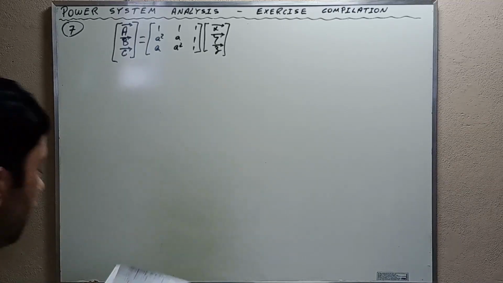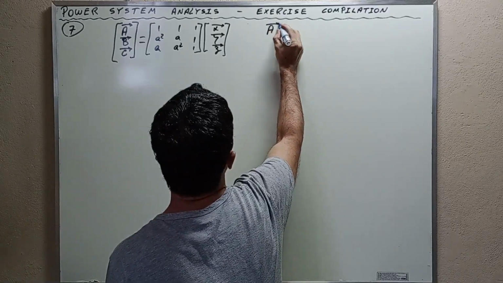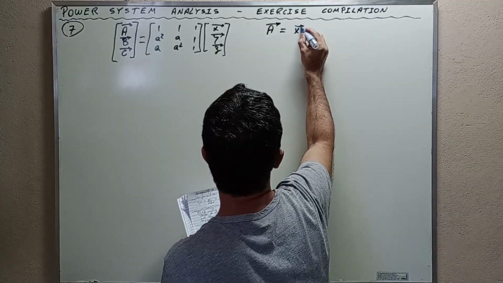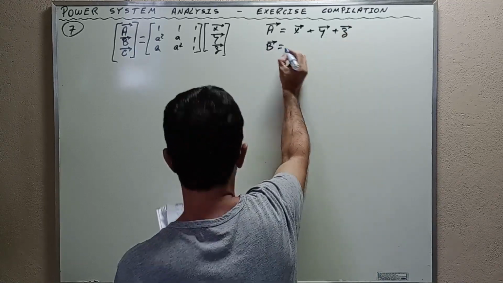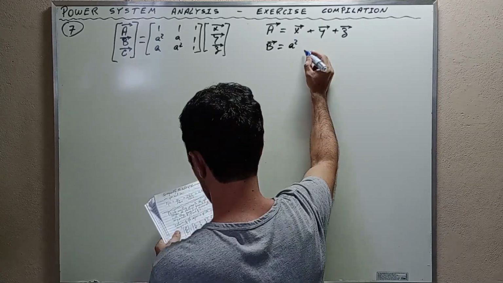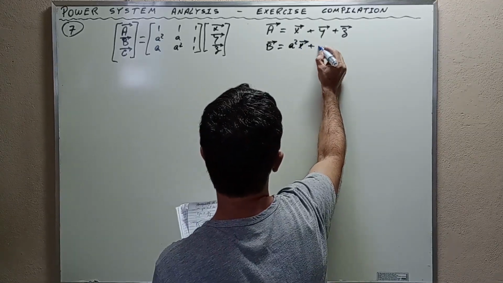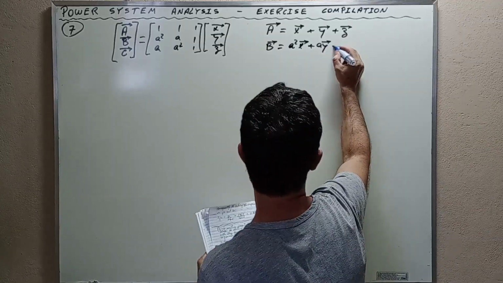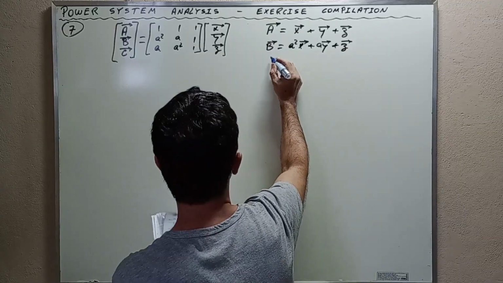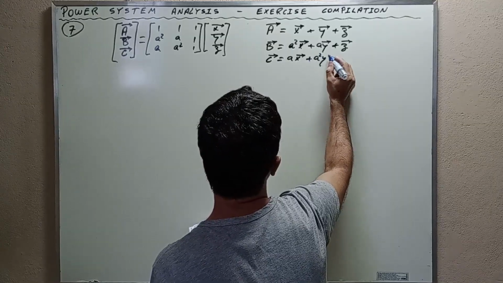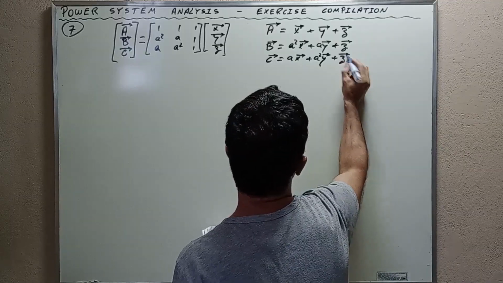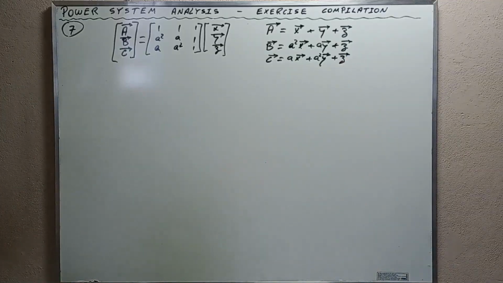Okay, developing this, we find that A is equal to X plus Y plus Z, and B is equal to A squared times X plus A times Y plus Z, and C is equal to A times X plus A squared times Y plus Z.